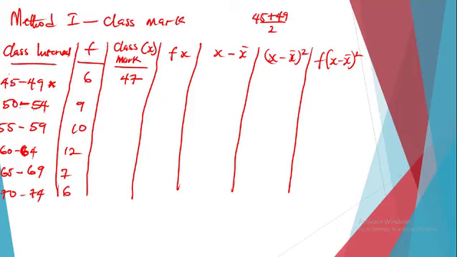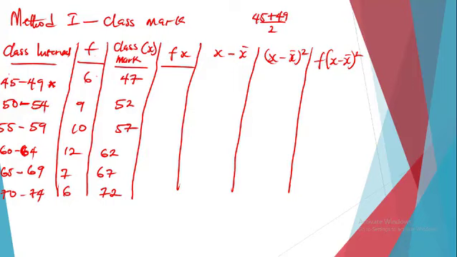Do the same here: 50 plus 54, 104, divided by 2 gives 52. 55 plus 59 divided by 2 gives 57. Do the rest: we have 62, 67, and then the last one is 72.